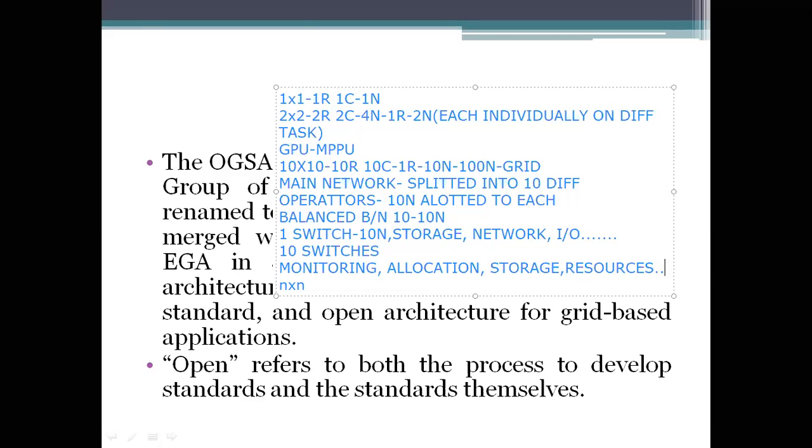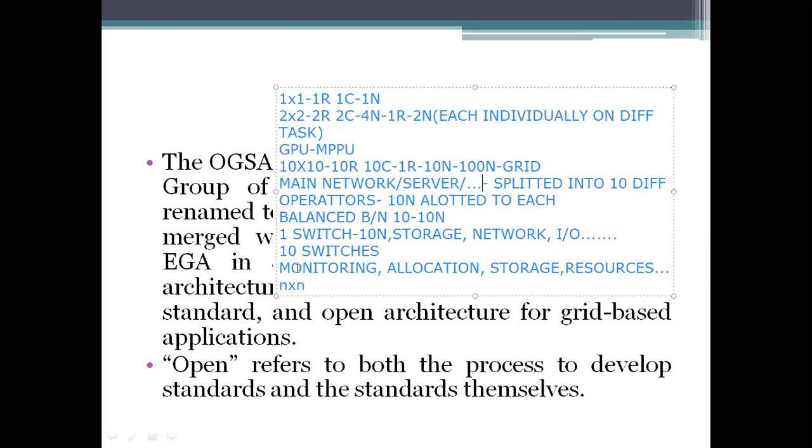By that, there is no need for the main one to worry about these things. The main network, or main server, or main network switch, or any representation taken into consideration, will be splitting. Why are we splitting?